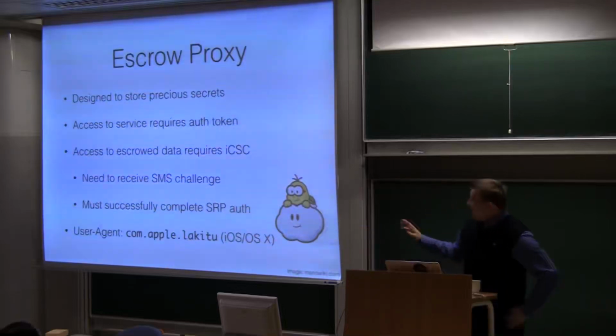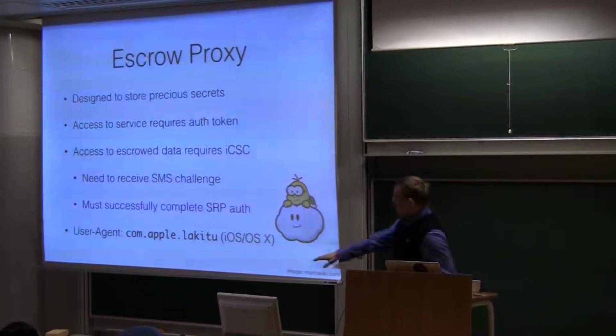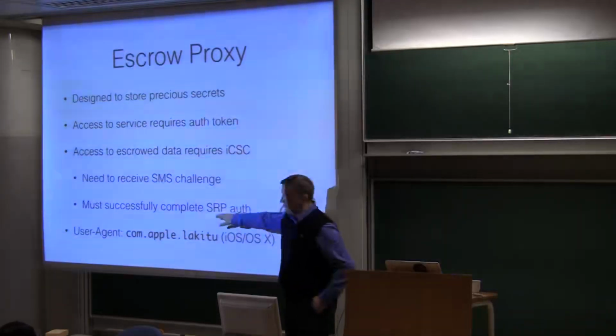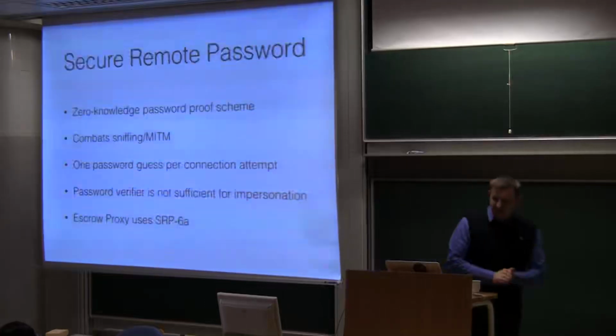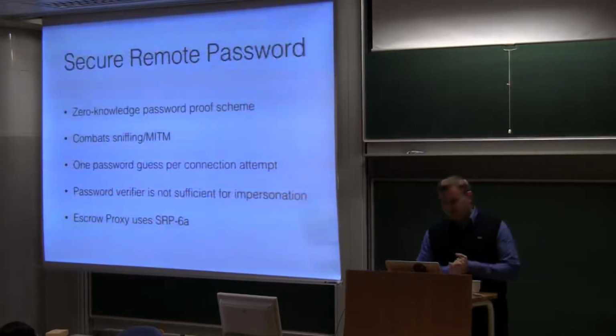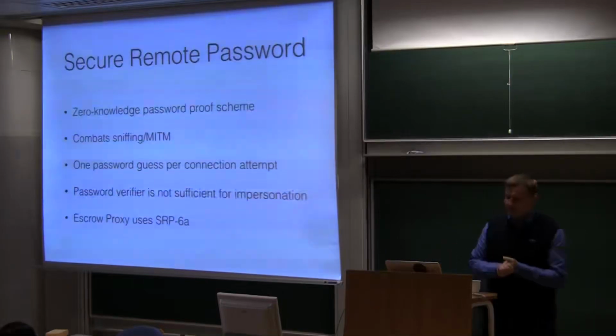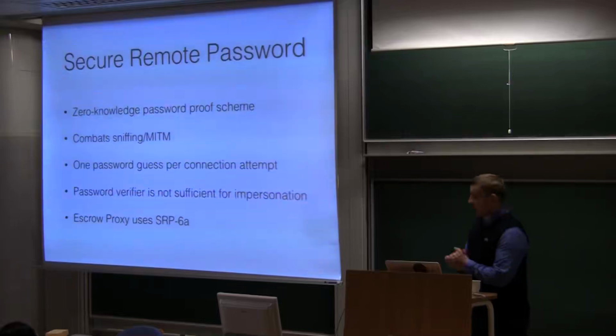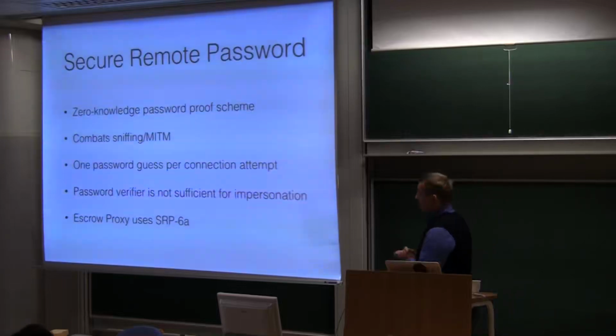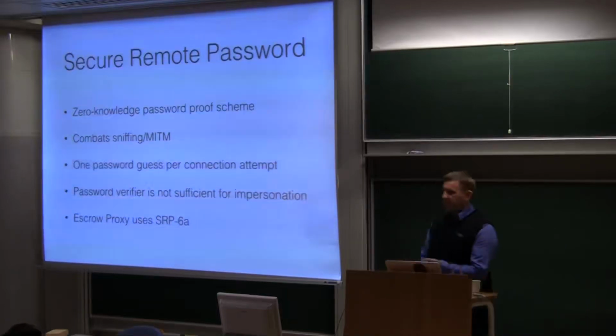So the heart of the escrow proxy, as you can see here, is this secure remote password. What is it exactly? Secure remote password is a protocol designed by Stanford University, which is a zero-knowledge password-proof scheme. I'm not sure if some of you are familiar with this.